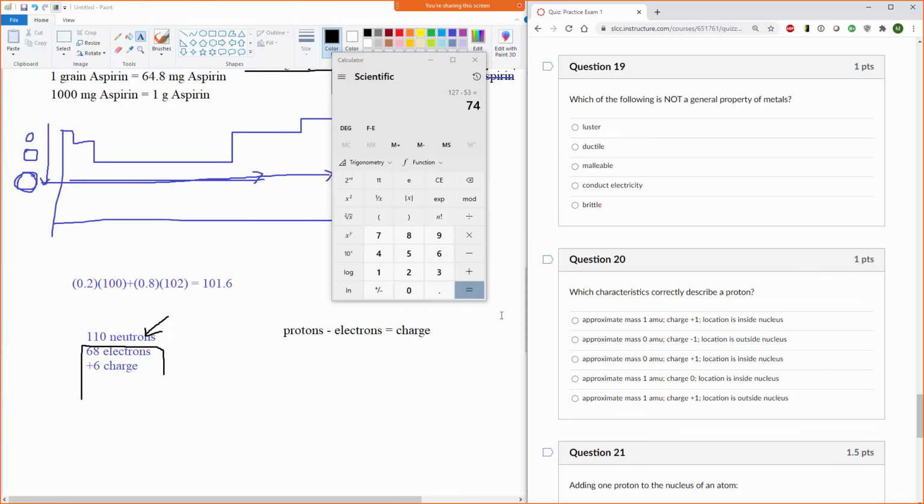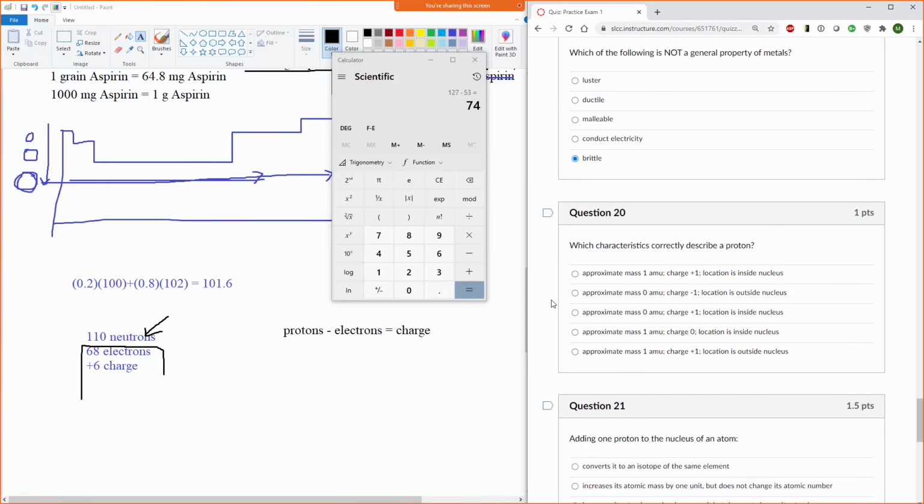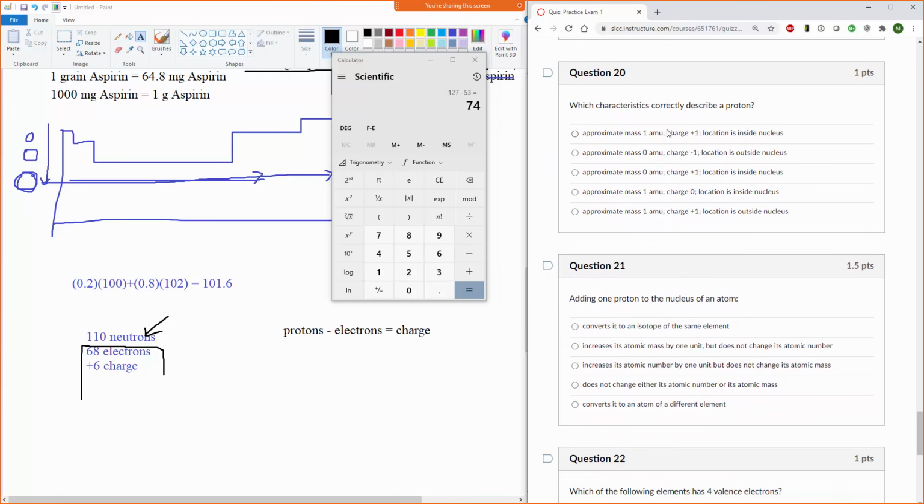Okay, number 19, which is not a general property of metals? Brittle. Perfect. Which of these characteristics correctly describes a proton? This first one, yeah. Mass of 1, charge of +1 in the nucleus.